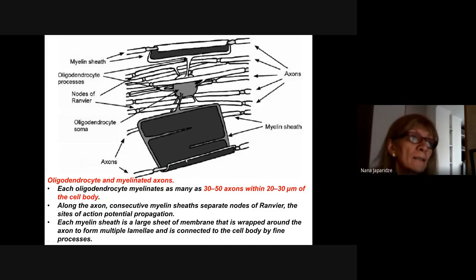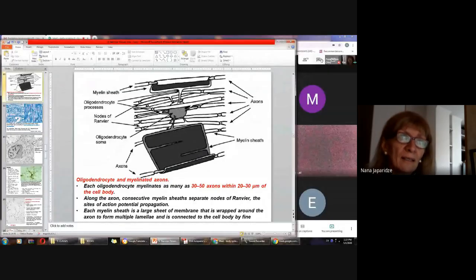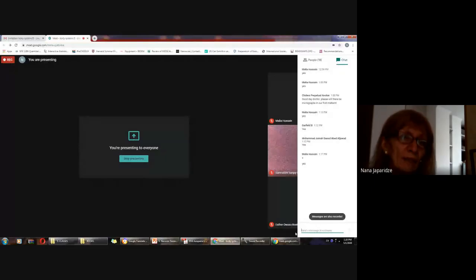Okay. So, in the case of Schwann cells, the axons are embedded in the cytoplasm of Schwann cells. But here, in the case of oligodendrocytes, they send the processes, and via these processes, they wrap the axons. Is it understandable what I say? Is it understandable how they myelinate? I mean, the difference between myelination via the oligodendrocyte and myelination via the Schwann cell.